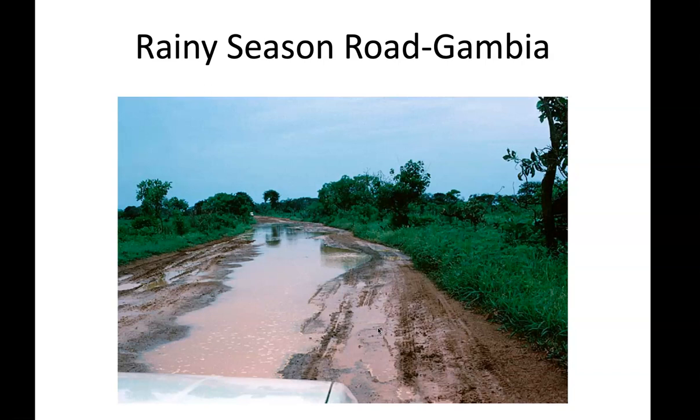All the dust is washed away, and the plants get all this water, and they're growing, and it's vibrant. But it's also muddy and sloppy and really hard to get anywhere. Okay. So that's the other side of a rainy season, dry season pattern. It has a tremendous impact on how people live, and especially in how they can travel.